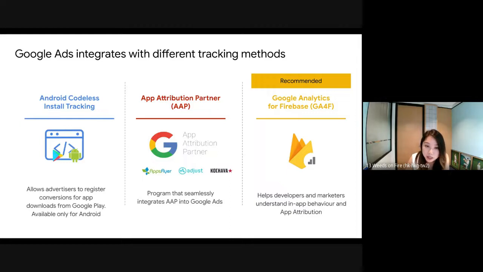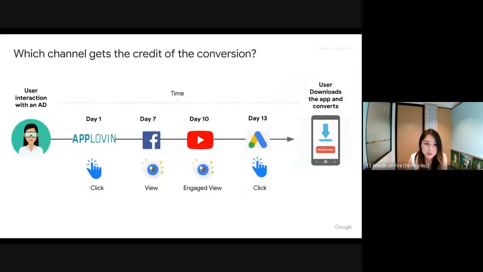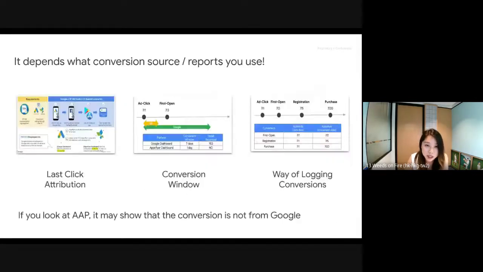But let's actually walk through how the different tracking methods might affect the different measurements. So let's go back to this slide, because what you can see here is that on day 7, Facebook accounts for the first view. And then on day 13, it is Google Ads, right? So in this scenario, we need to think about 3 things.